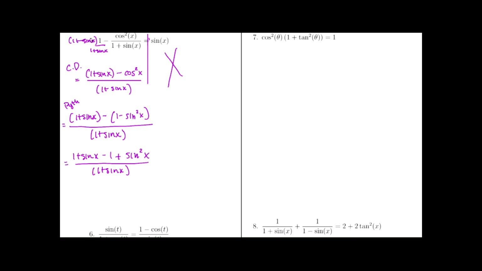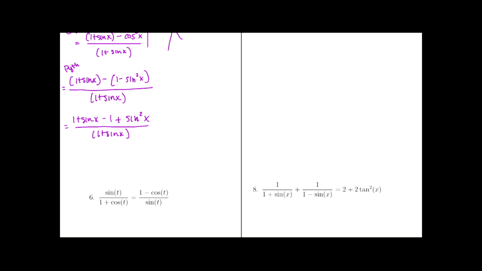And then the 1's cancel, right? Plus 1 and minus 1 cancel, and you have sine x plus sine squared x over 1 plus sine x. Now, I can see that I could take a sine x out of the top.